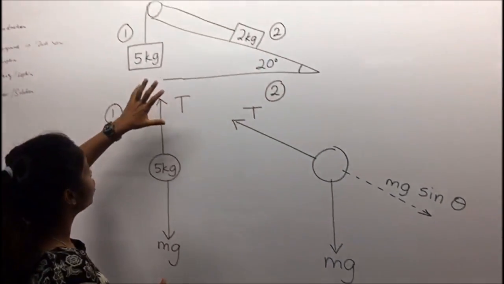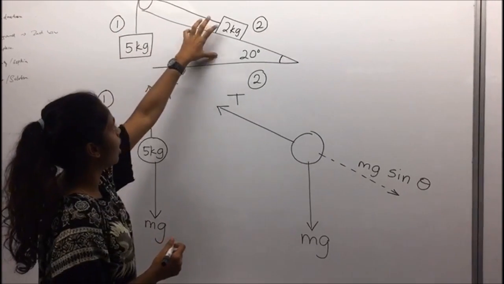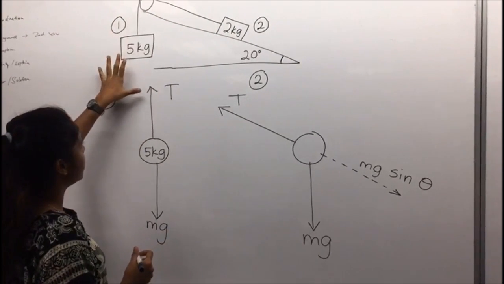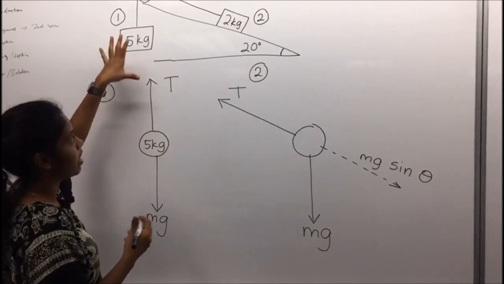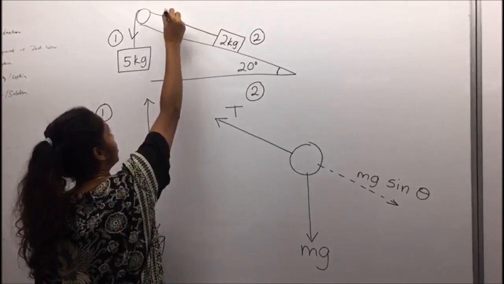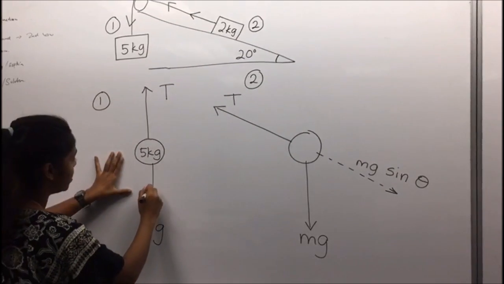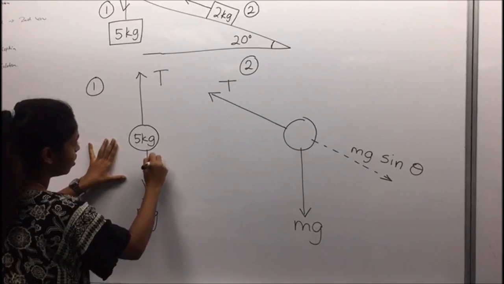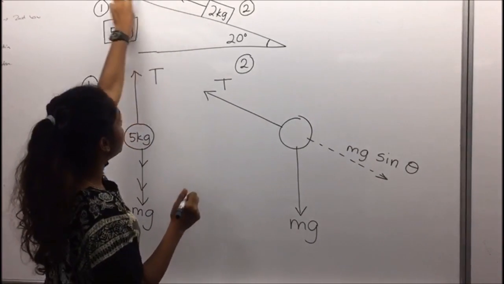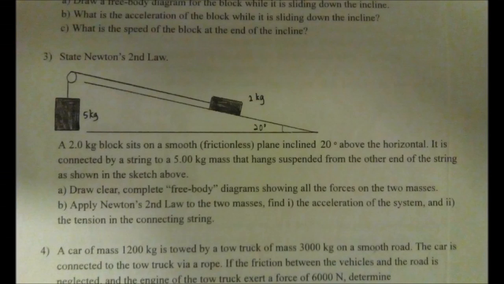Also, for the motion, it's common sense that the 2 kilogram will move to this side because the 5 kilogram is heavier than the 2 kilogram, which shows us the motion is like this. So this is the motion.